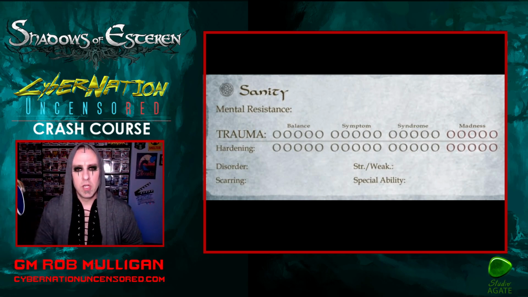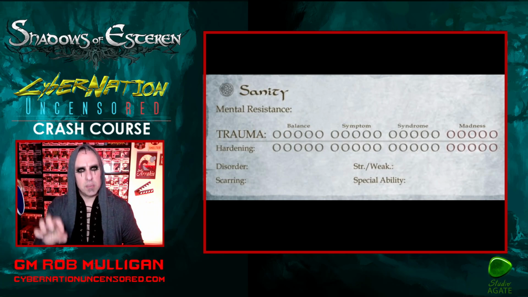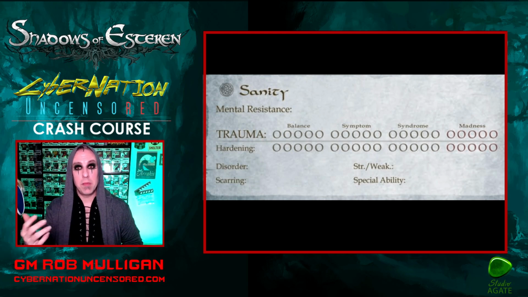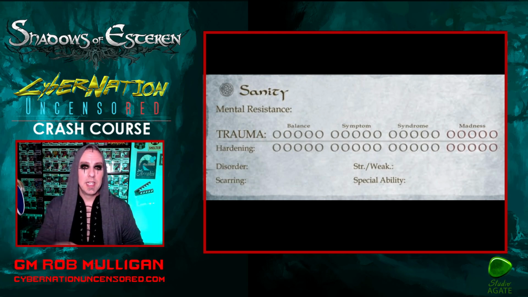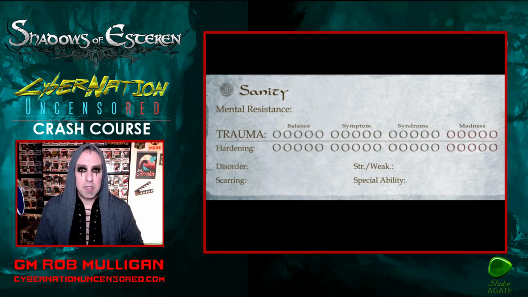If you get a critical success 10, there's other ways that you can get a hardening point as well. I go over that in other crash course tutorials, but ultimately, if you rank all the way up, once you get into symptom, you get a +3 to all future mental resistance checks, and then syndrome, another +3, and then madness, another +3, because you're hardening as you go. But once you fill them all up, it becomes a problem.